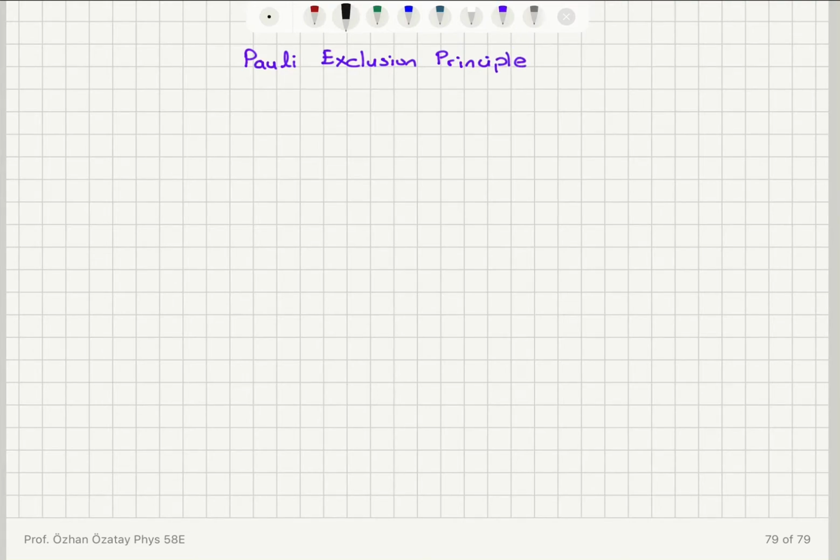The Pauli exclusion principle says that no two electrons can have the same set of quantum numbers.